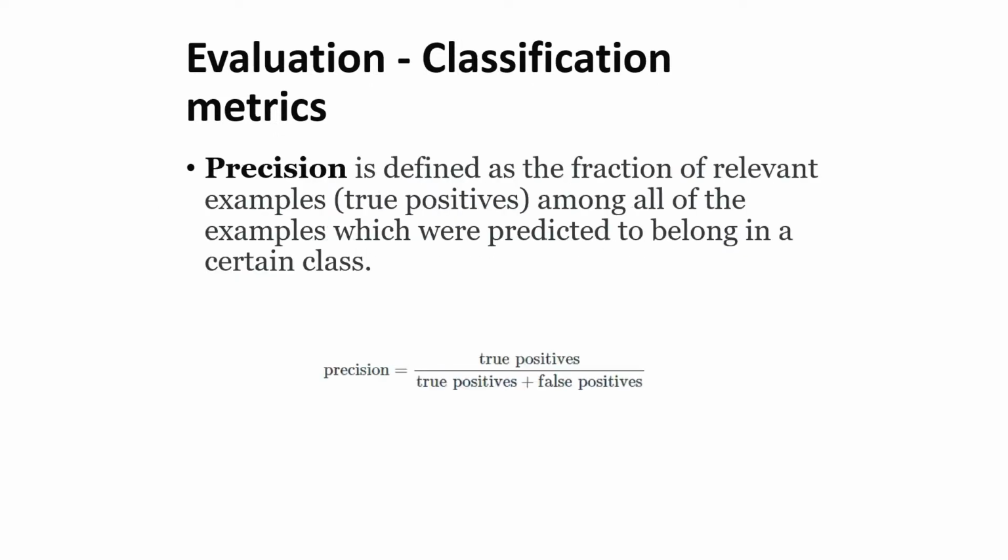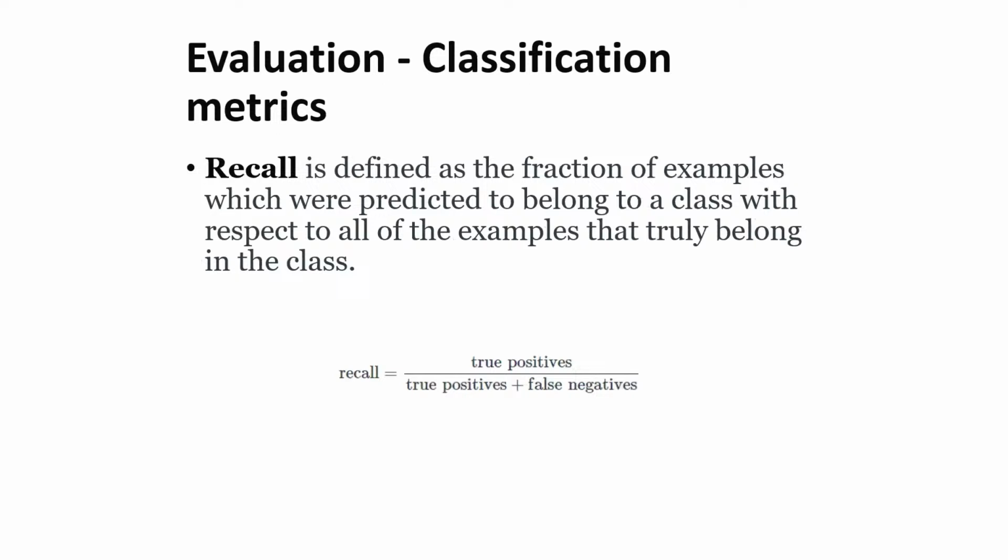That's accuracy, precision, and recall. The third parameter is called the recall. It is also defined as the ratio of true positives divided by true positives plus false negatives. So recall is the third coefficient that should be taken into consideration while evaluating the model.